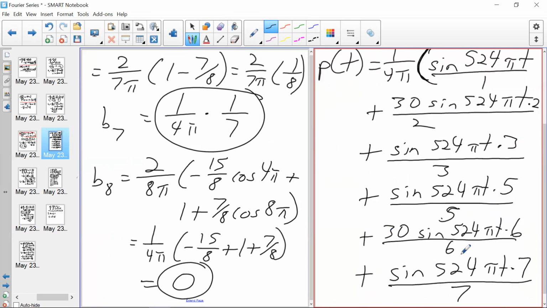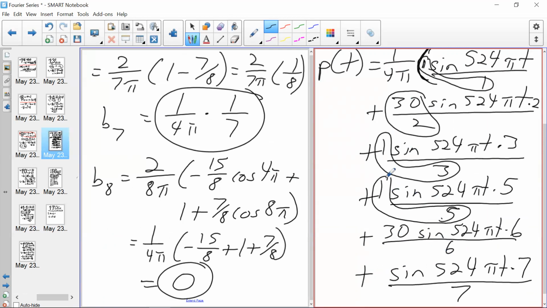This will be 15. No, it's 5. 30 divided by 6. This would be 5. And this is 1/7. So those are the amplitudes. 1 divided by 1, 1, 15, 1/3. But it's going to be the amplitude squared. 1/5, 5, 1/7.